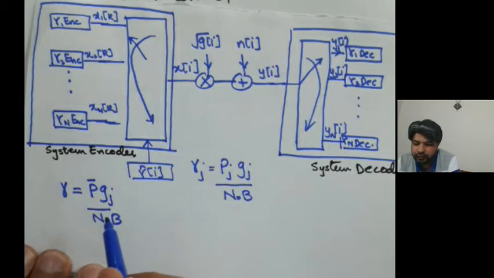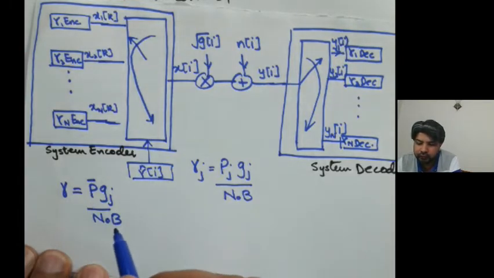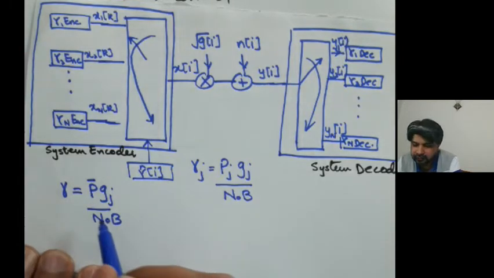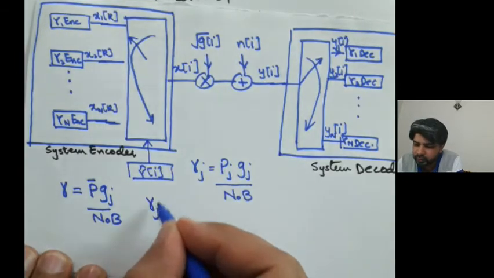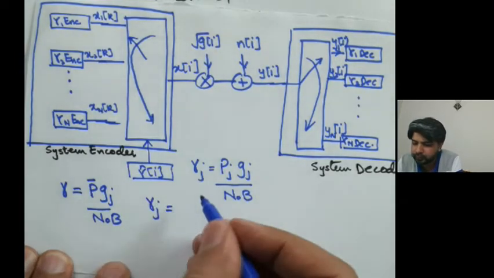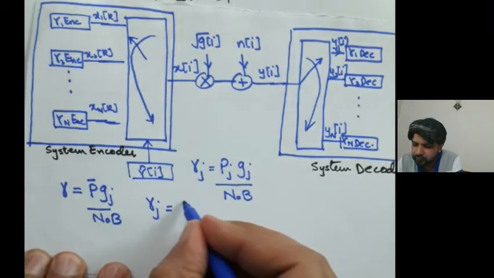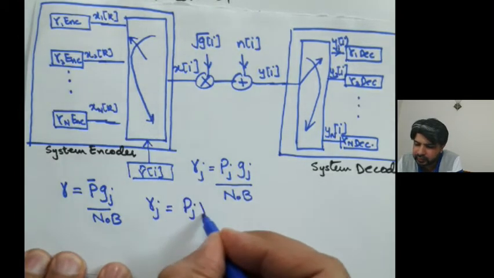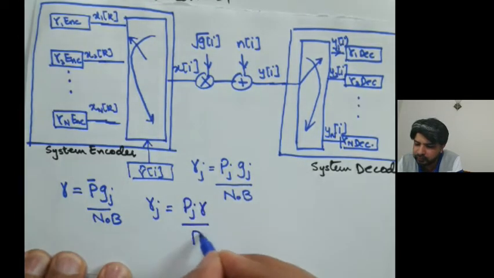The reason for doing that is that now if we have defined gamma in this fashion, you can rewrite gamma j to be equals to Pj times gamma over P bar.